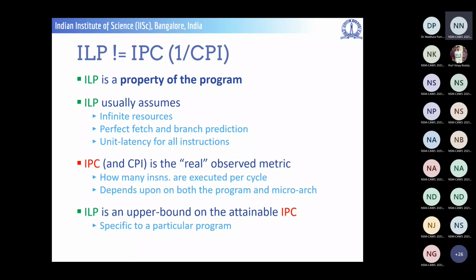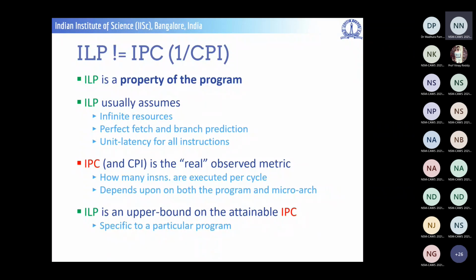If the instructions are all dependent back to back, there is not much you can do to increase the IPC beyond, say, 1. And if there is more ILP, then it is incumbent on the hardware to be designed such that it can take advantage of it, in the sense that it can provide better performance in terms of IPC.